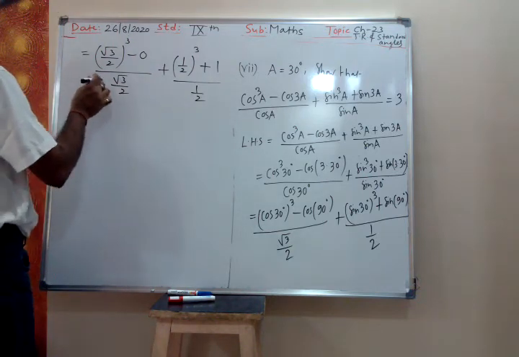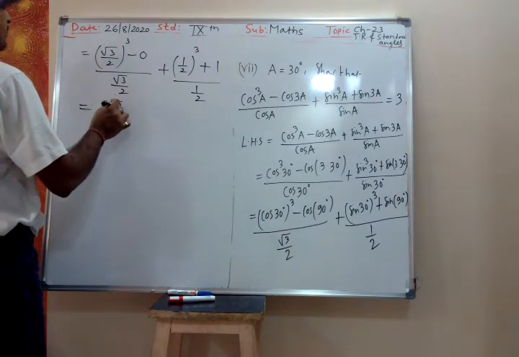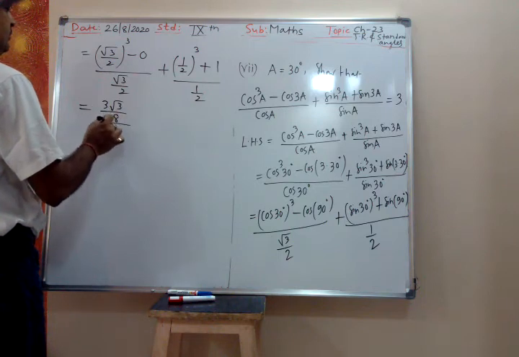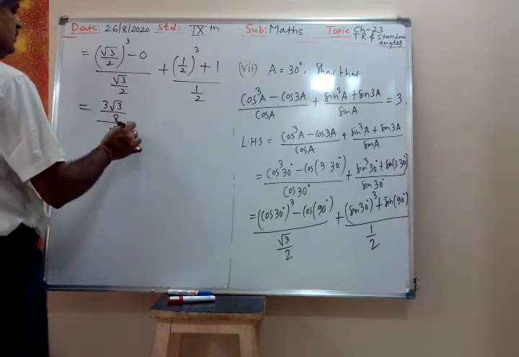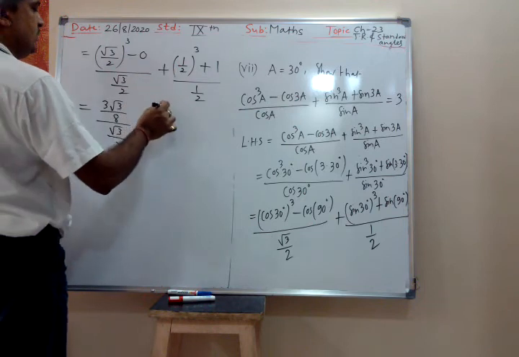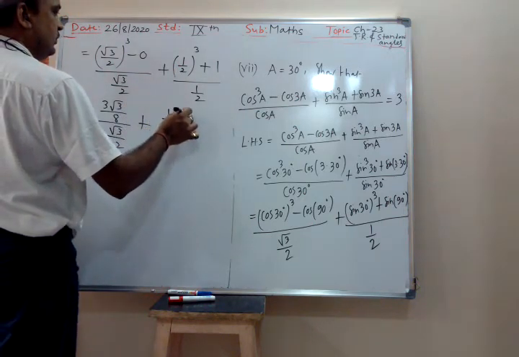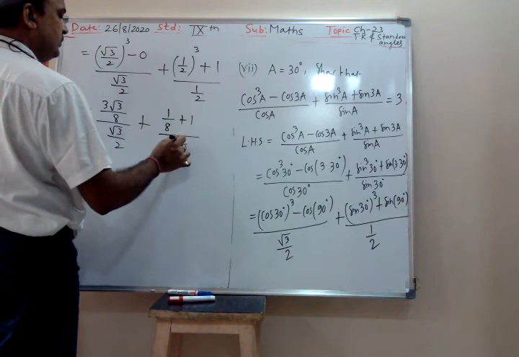So root 3 by 2 cube is 3 root 3 upon 8, upon root 3 by 2, plus 1 by 2 cube is 1 by 8, plus 1 upon 1 by 2.